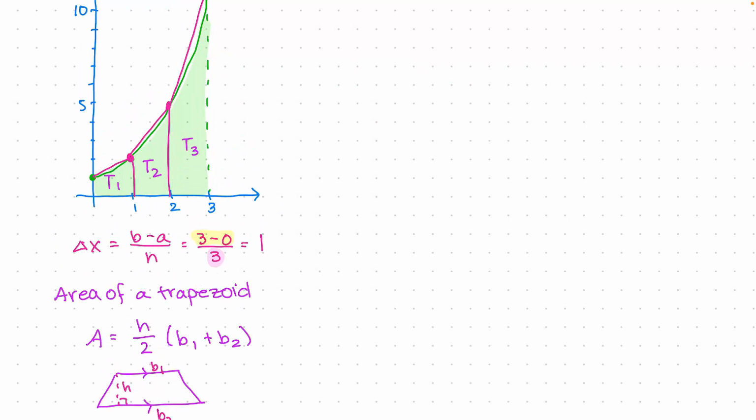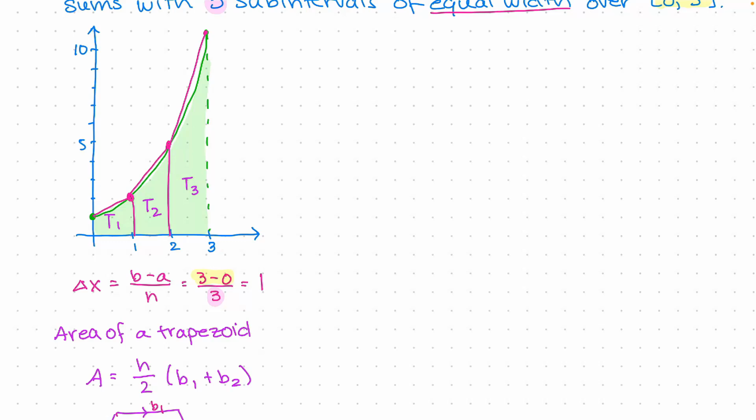So, if I go back up here then, for T1, the height over 2 is just going to be delta x over 2. And then how do I find B1 and B2? Carly? On the y-axis. Exactly. So our B1 and B2 are these two lines here. The length of this first line corresponds to f of 0, and then the length of this one corresponds to f of 1.